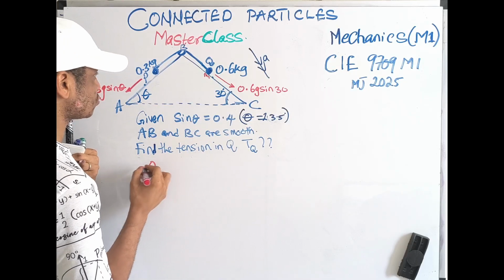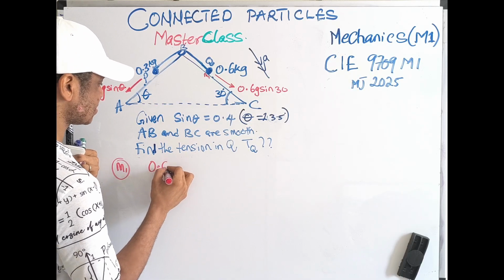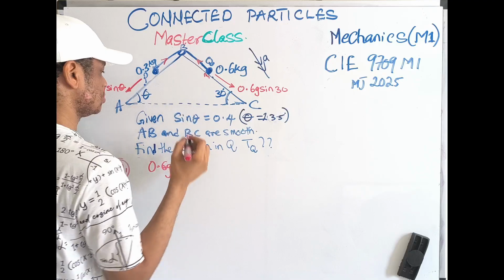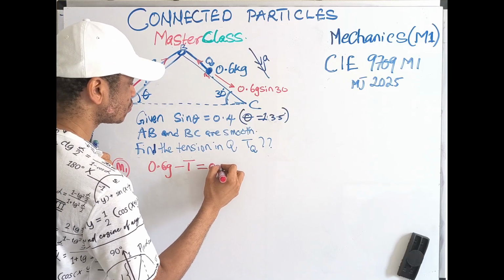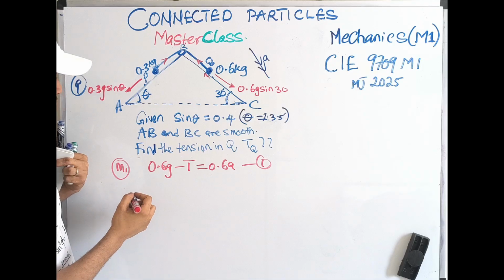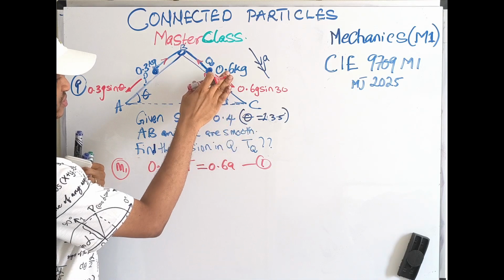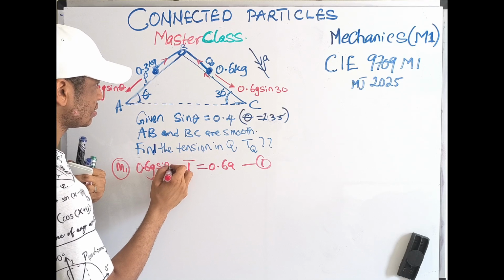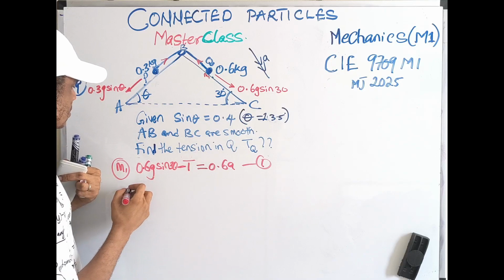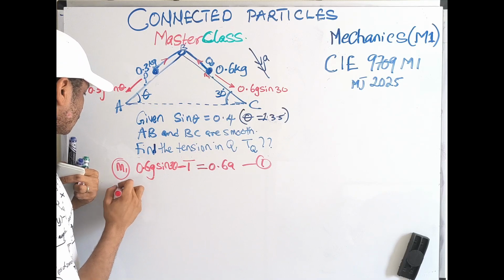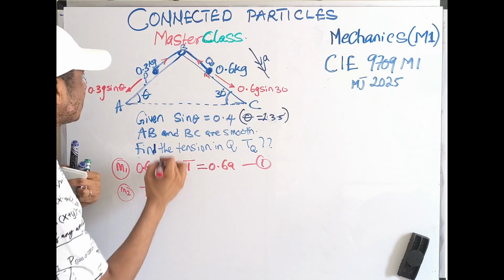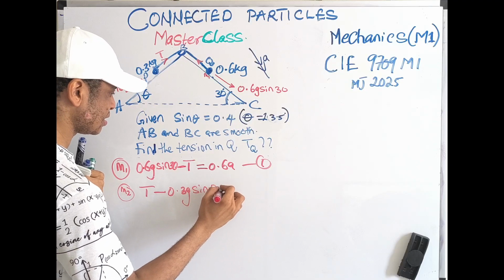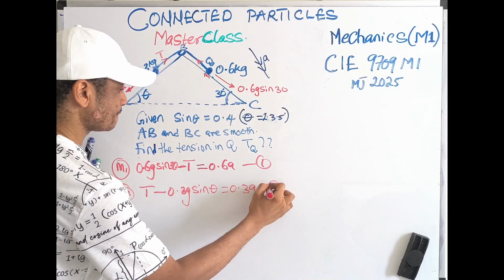So for M1, 0.6 G sine 30 minus T. Remember, action and reaction is equal to 0.6 A. Okay, for M2, you get T minus 0.3 G sine theta is equal to 0.3 A. I am done.